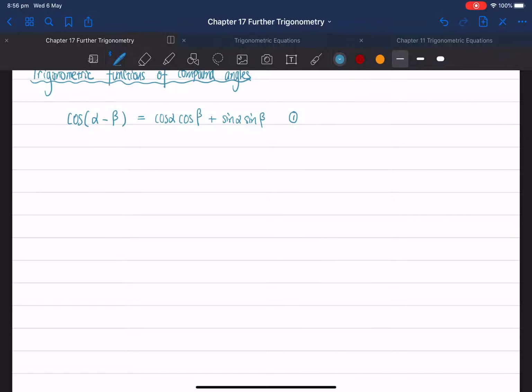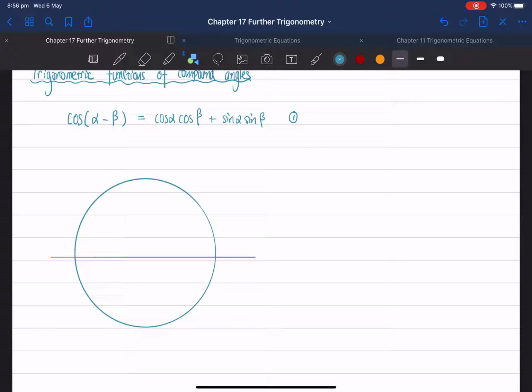Right, so the first thing I would like to do is to create a circle with the radius equal to r. Okay, let's just create a circle. All right, and after that I just need to create a horizontal and vertical axis, x and y.